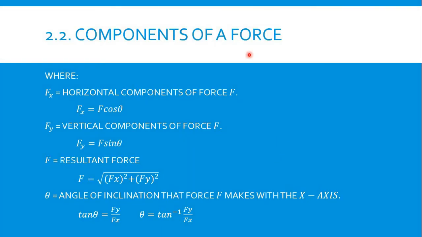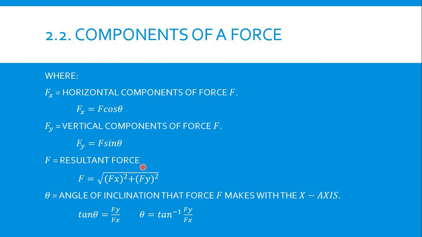So in order to get the components of the force, we must first get the formula. For the horizontal component of force F, F of x is equal to F times cosine theta. For the vertical component of force F, F of y is equal to F times sine theta.